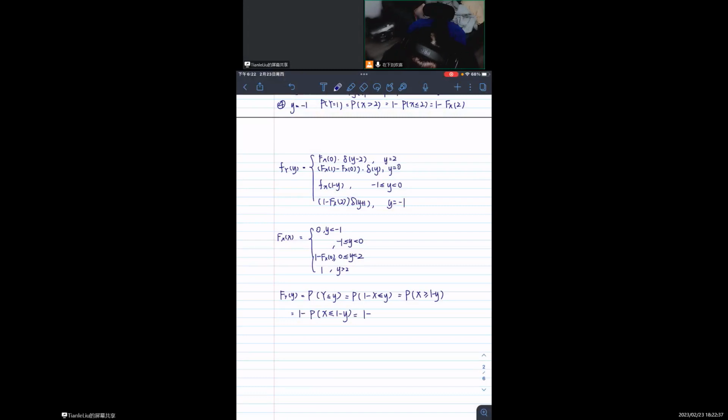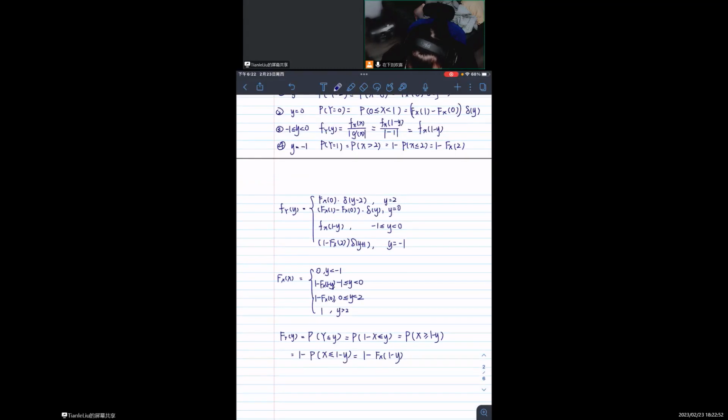So it turns into this part. By the definition, we get 1 minus Fx(1 minus y). Thus, we get all parts of the density function here.